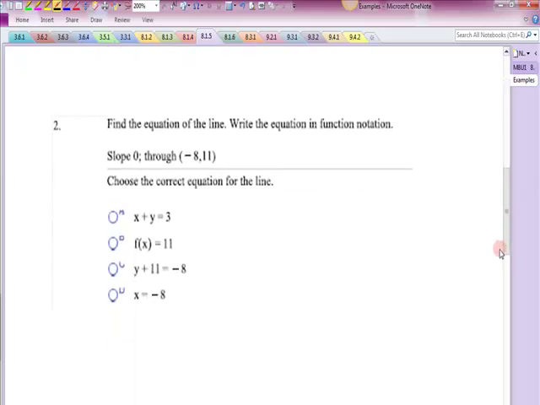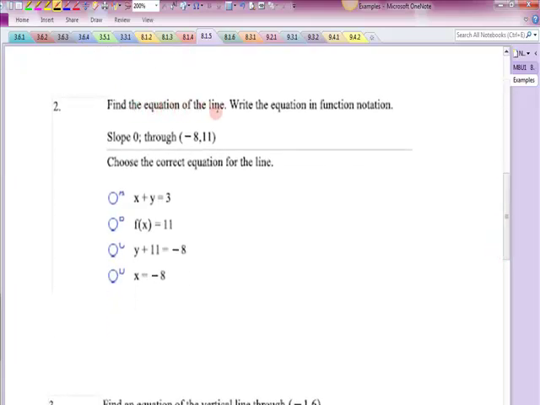Let's look at number 2. Find the equation of the line. Write the equation in function notation. The slope is 0. That is enough information to tell you that you are dealing with a horizontal line. When it is a horizontal line, it is y equals some number.